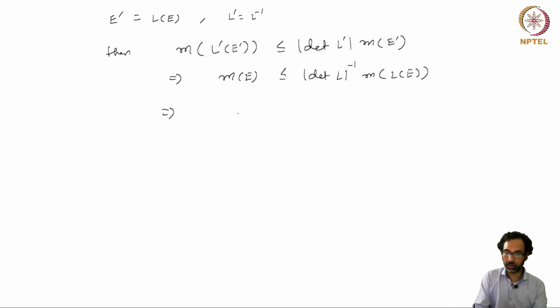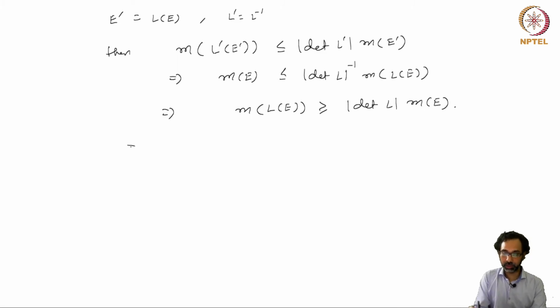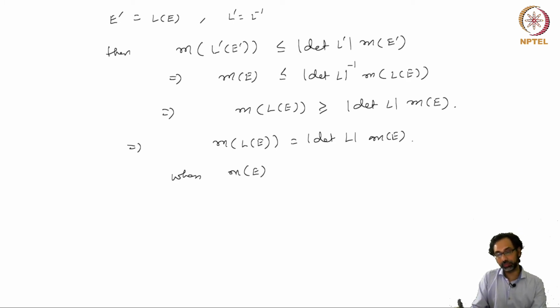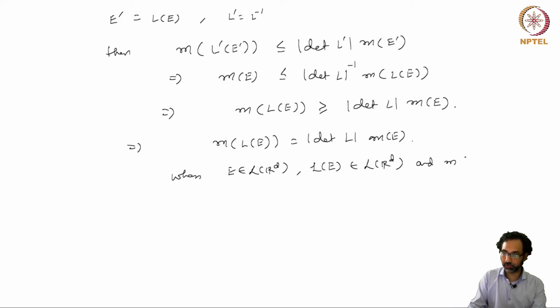So this implies that m of LE is also greater than or equal to the determinant of L times the measure of E. And so this implies that m of LE equals the modulus of the determinant of L times m of E, when our assumptions were, first of all, that E belongs to LD, LE belongs to LRD, and the measure of E is finite.